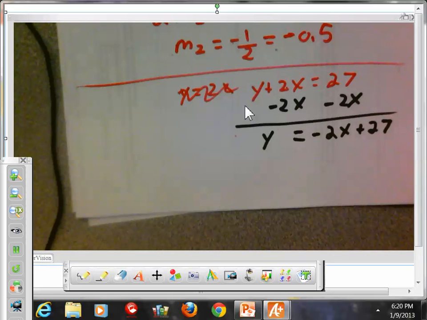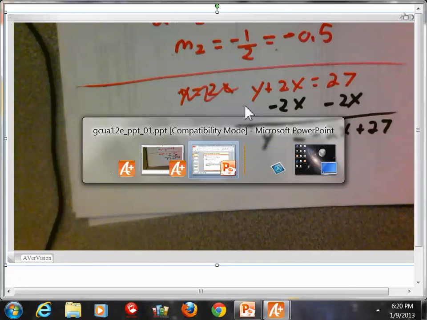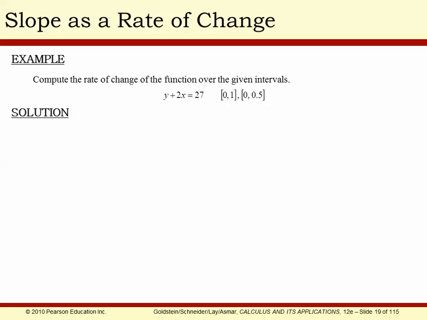All right. Let's go back to the question now. Okay, so what is the rate of change? Forget where it says 0 to 1 and 0 to 0.5. What is the rate of change or the slope of this line? If you ignore the interval, just what we talked about before.